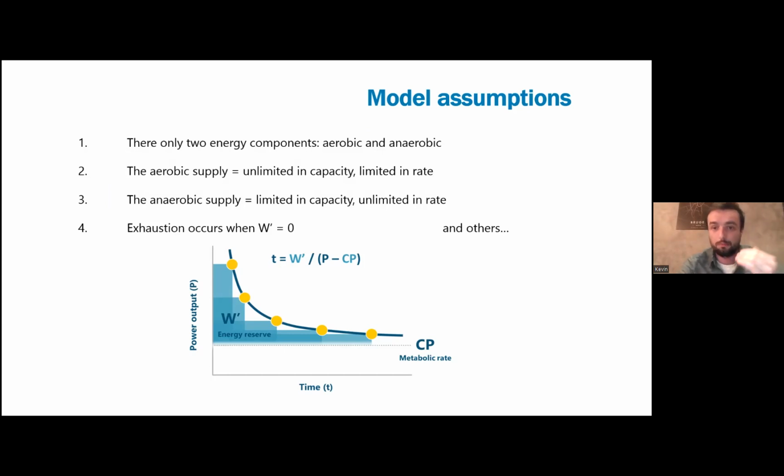Once you go above that, you're relying on the anaerobic energy supply, and that has the opposite characteristics. It's limited in capacity, remember that box that you can see, but it's unlimited in rate. And when the W prime is 0, when that energy box is 0, then you're exhausted and you should stop the exercise.